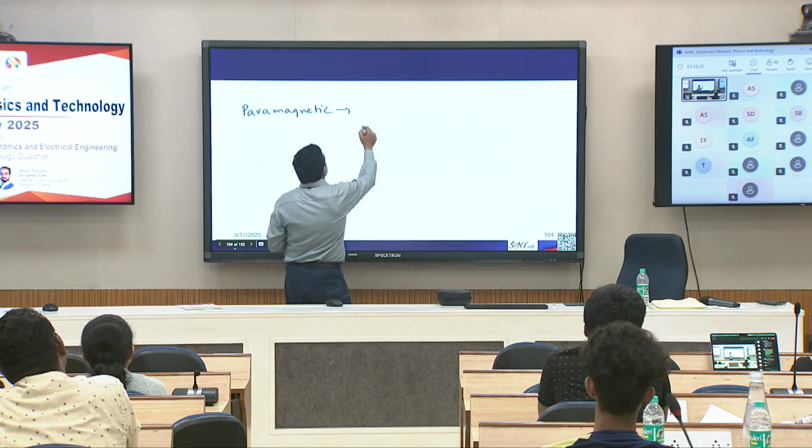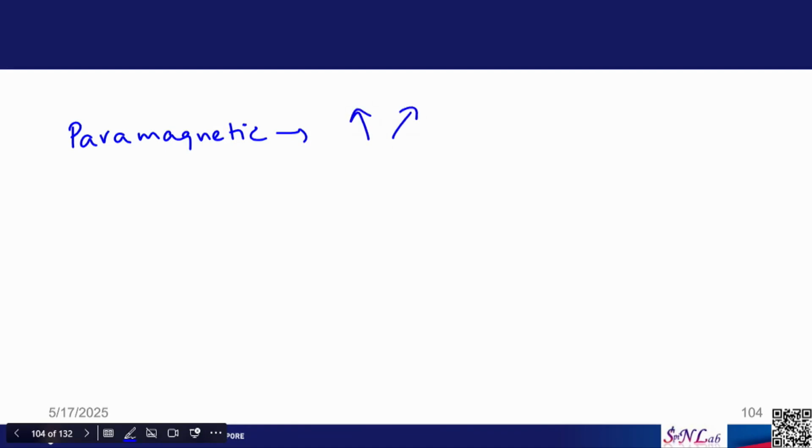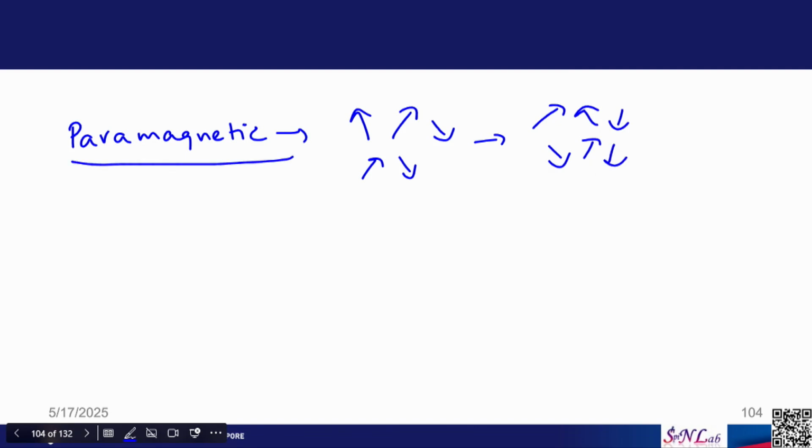So, your neighboring spins are randomly oriented and also they fluctuate as a function of time. At another time they are random again. This we already learned yesterday.